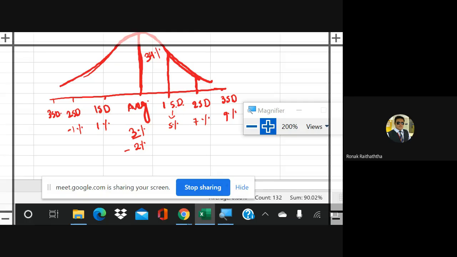And if you reduce again 2 percentage, you get minus 3 percentage. So up to the first standard deviation, 34 percentage of the probability of return will fall. From this I can say that there is a 68% probability that my return would be in this area.